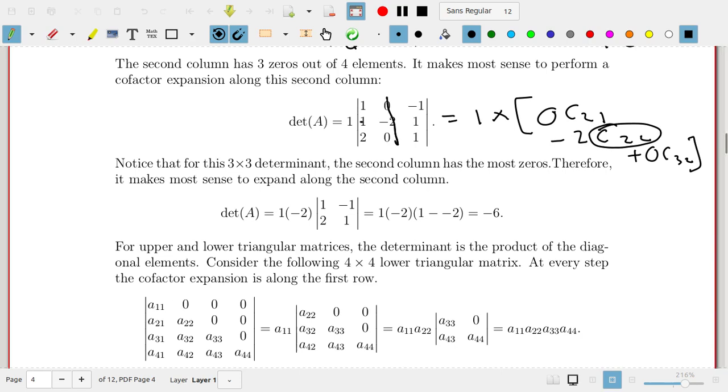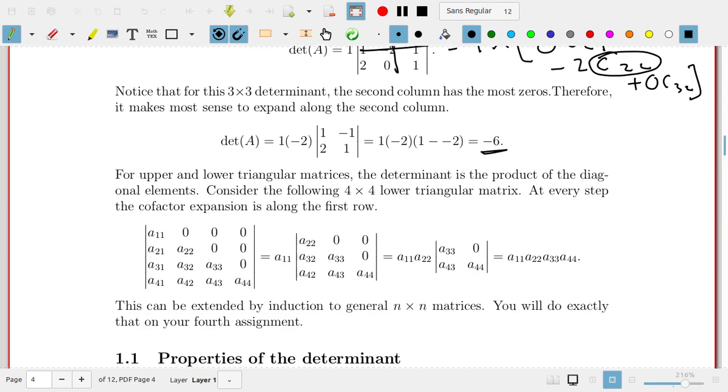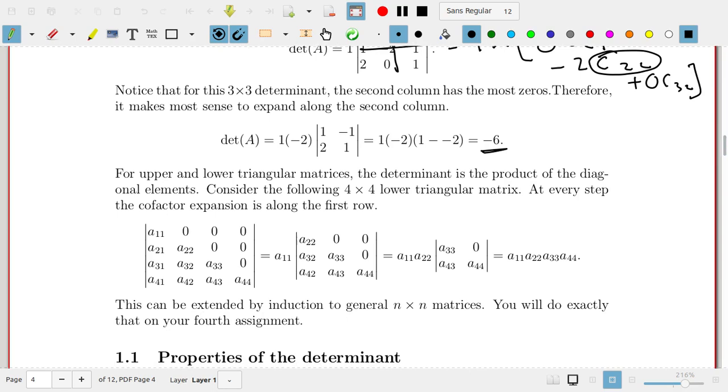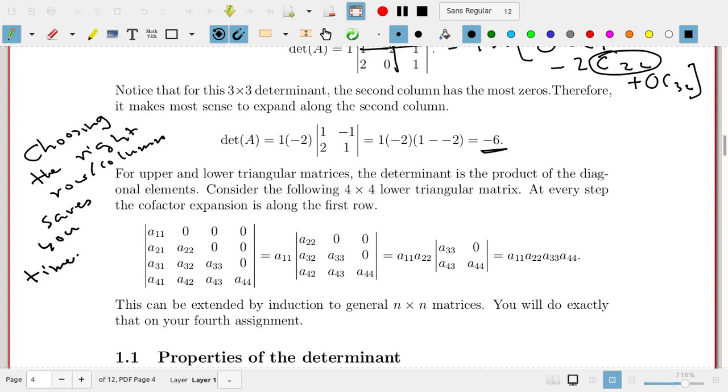C22 is basically this, 1 negative 1, 2 1, and you end up with negative 6. So choosing the right row or column saves you time and energy, of course.